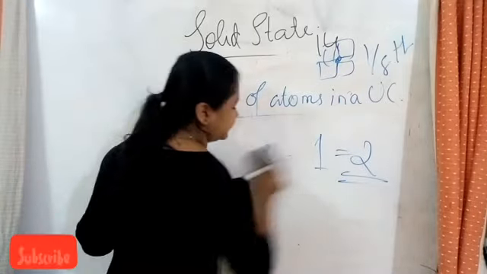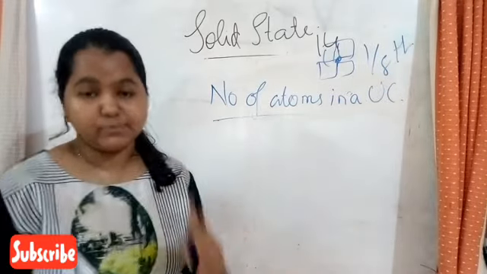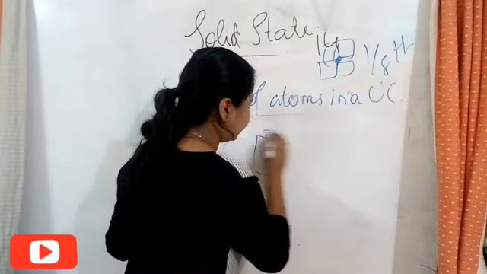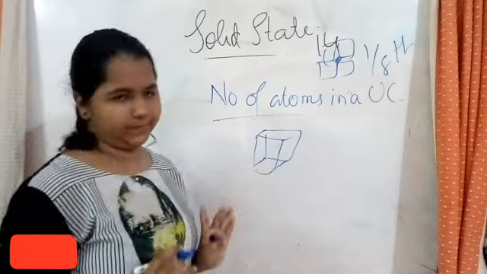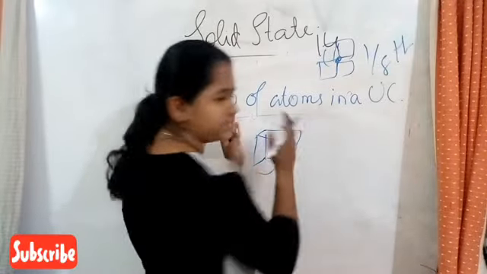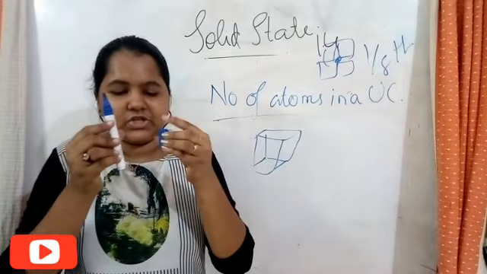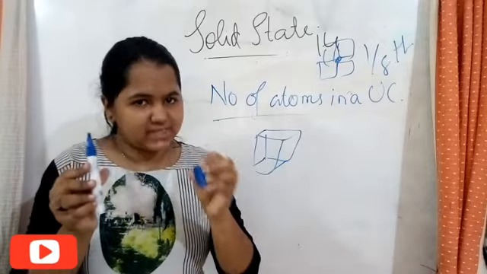For face centered also, you know there are 6 atoms on each of the faces. Let's say this is our cube, and if there is one more cube coming to this side, if there are 2 cubes attached to each other, this is one face and this is the other face. When they come together, the atom in this face is shared by the other also.